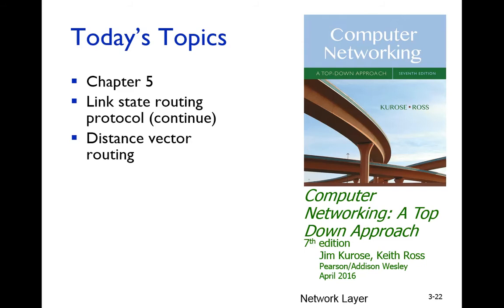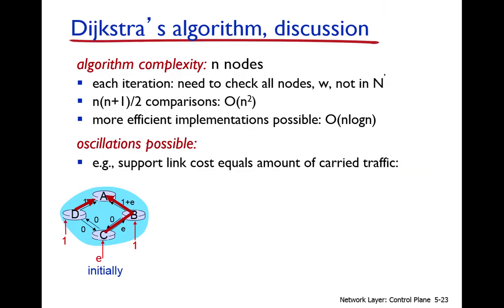Okay, so today we are going to continue chapter number 5. We will continue link state routing protocol, one of its limitations, and then we will try to study the new routing protocol, that is the distance vector routing. If you remember, in the previous class we discussed the link state routing protocol.